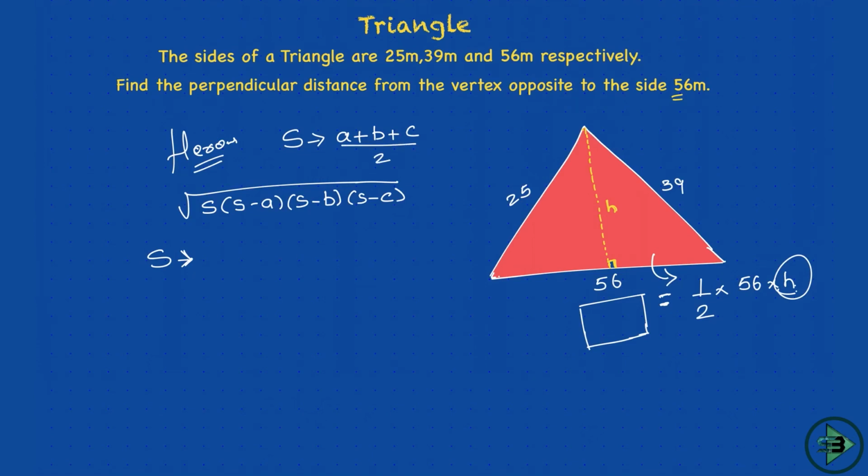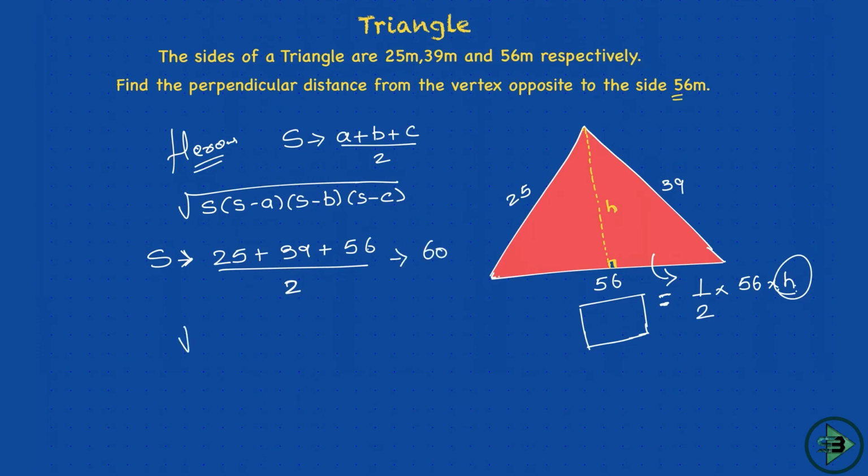So let's add this: 25 plus 39 plus 56 divided by 2. What is s now? Add the three. 25 plus 39 plus 56 comes out to be 120, divided by 2 is nothing but 60. So the semi-perimeter comes out to be 60.